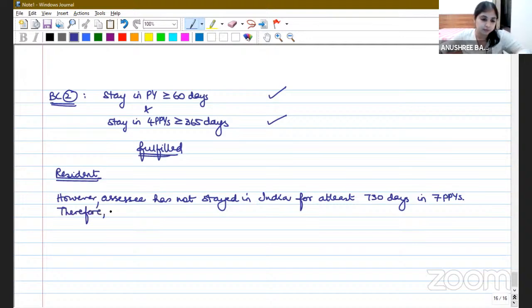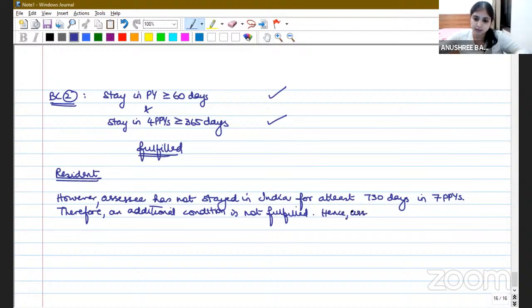Therefore, an additional condition is not fulfilled. Hence, assessee is RNOR.